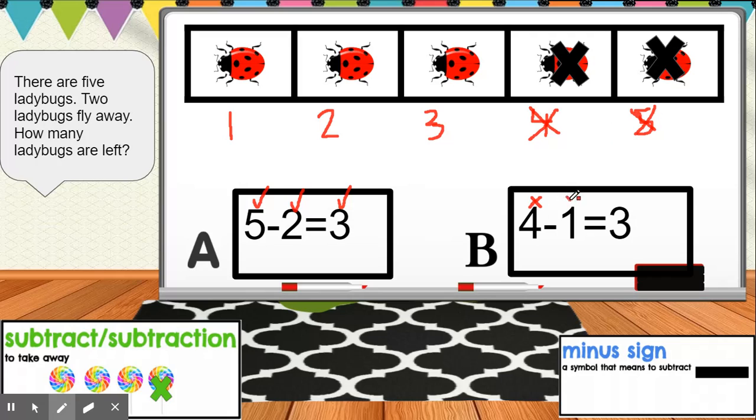No, they took away 2, so I can put an X there. But it does say equals 3, but our number sentence here is not correct because we did not have 4 ladybugs first, and we did not only take away 1. So the correct answer is A, which is 5 minus 2 equals 3.